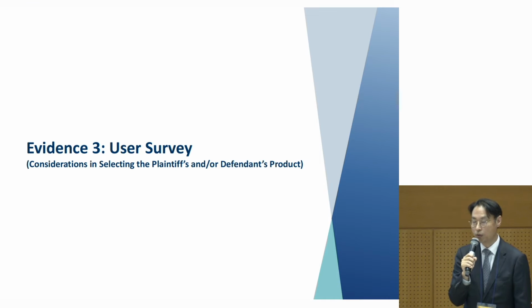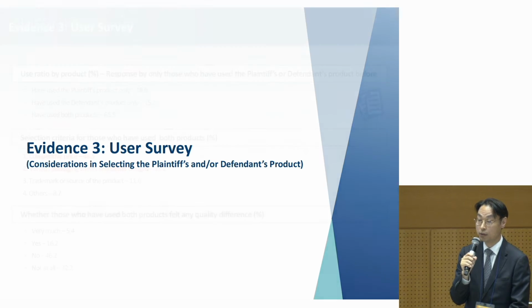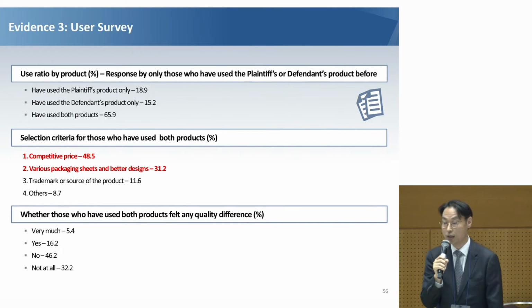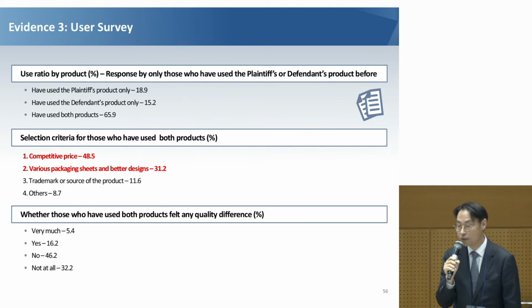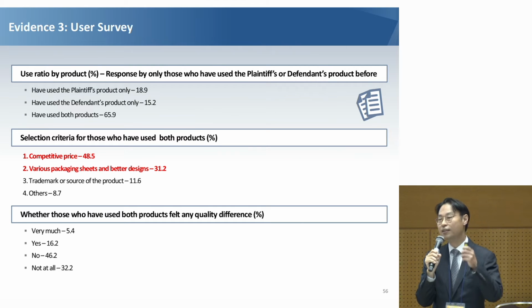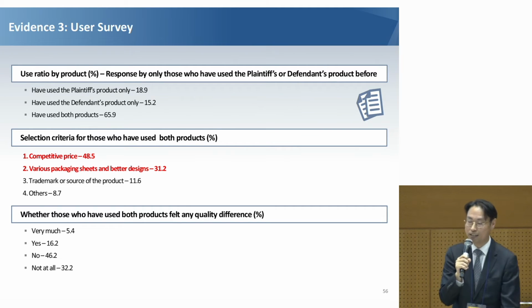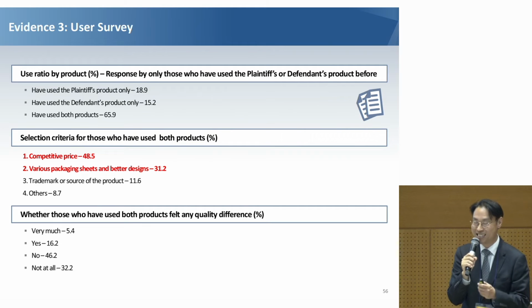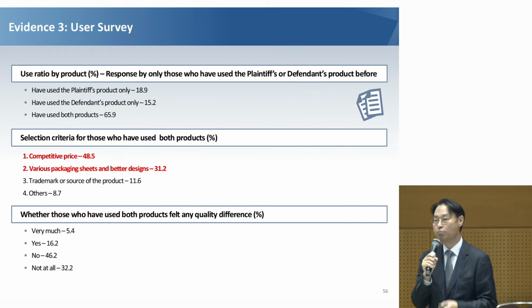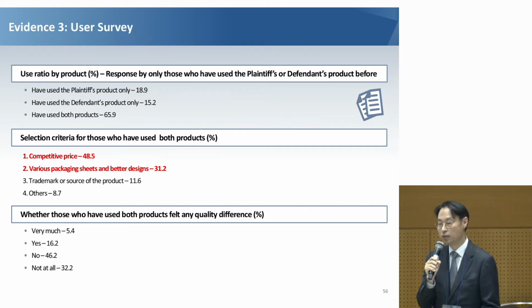We also conducted a user survey. From this user survey, it is confirmed that users are not selecting products because of the brands or the sources, trademarks, but instead because of the prices and the packaging sheets' designs and colors.